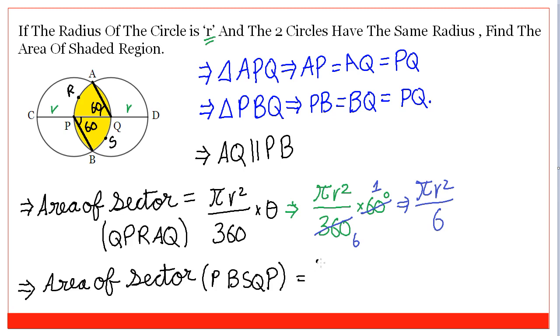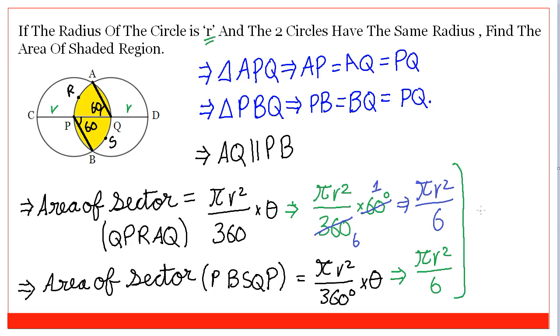So the area is the same, pi r square upon 360 degrees into theta. And again the angle is 60 degrees, so I don't have to calculate it, it is just pi r square upon 6. So by adding them, we get the area as pi r square upon 3.